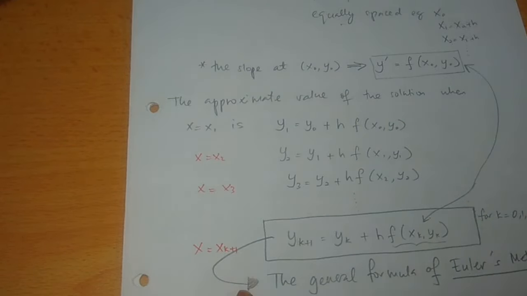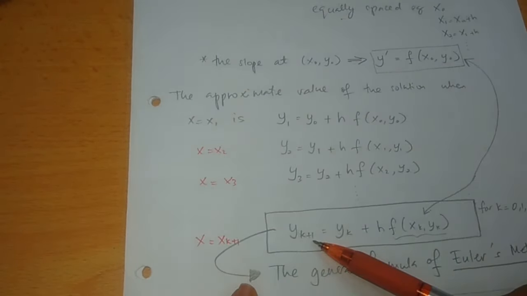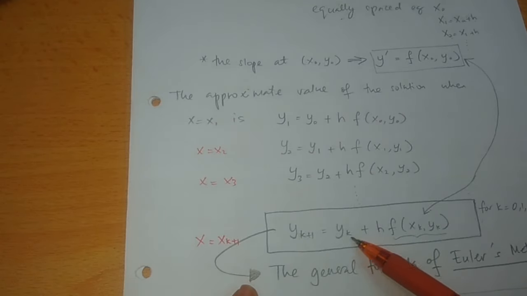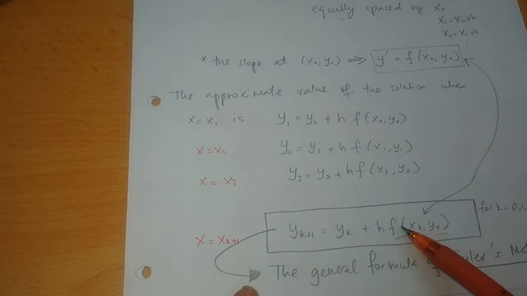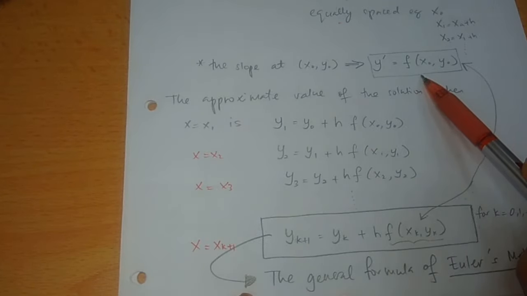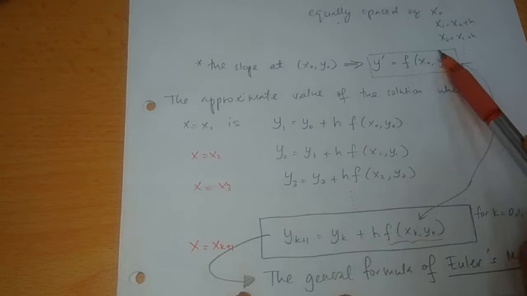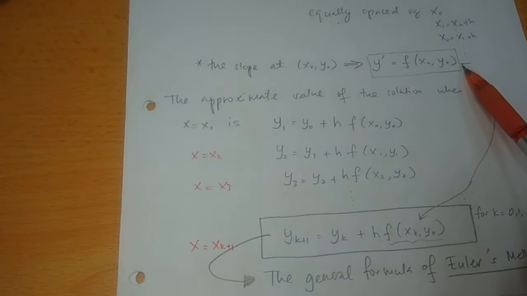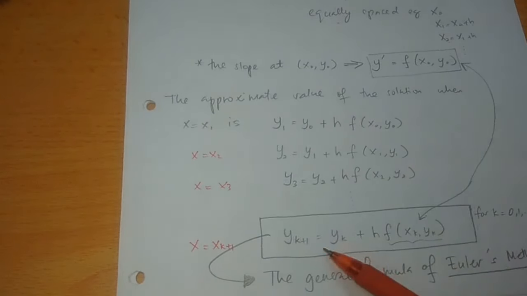You can get the value of y(k+1) equal to yk, the previous one, plus h times f(xk, yk). So where do you get this f(xk, yk)? You get it from the slope that is given to you. Remember the ODE, dy/dx equal to the function here? You just embed it there. So this is the general formula for Euler's method.